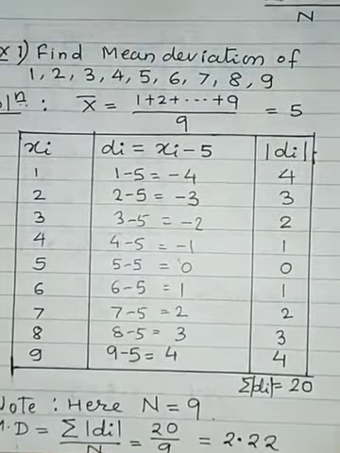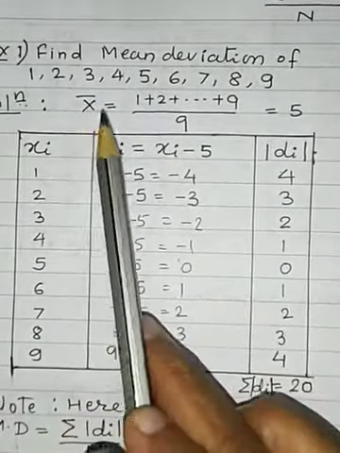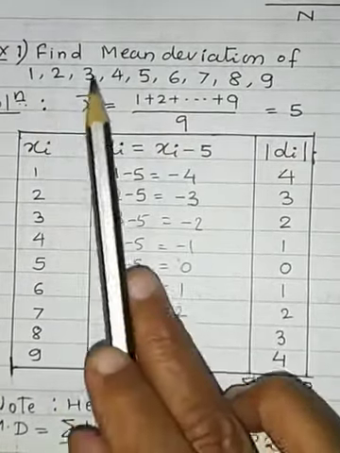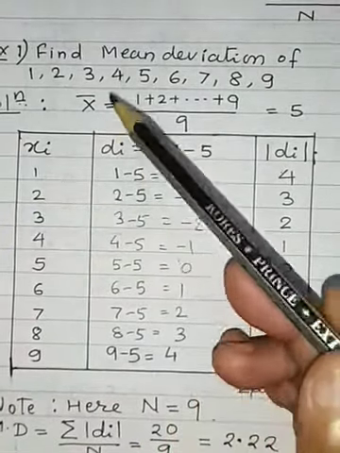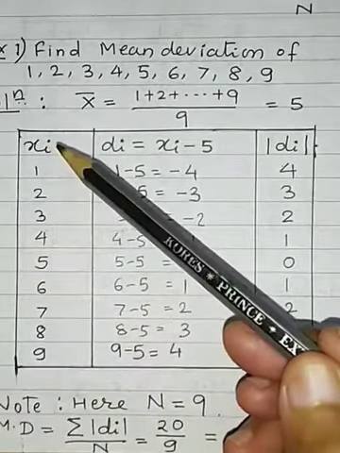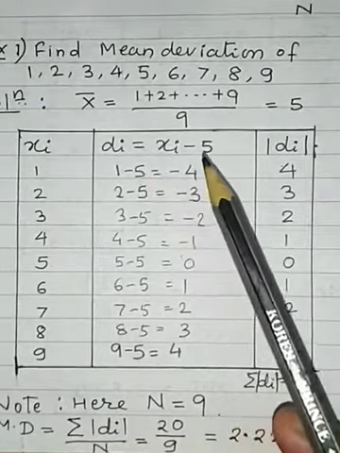So look at the example again. First you find the average here, add all these numbers and divide by n. Then you write these numbers in a vertical column. The heading is xi. Then make the di column as xi minus x bar.